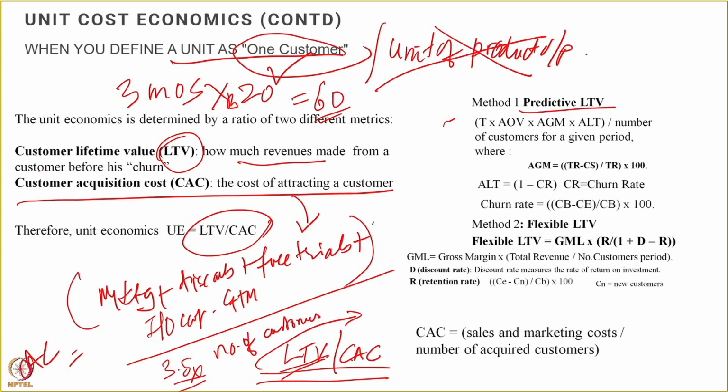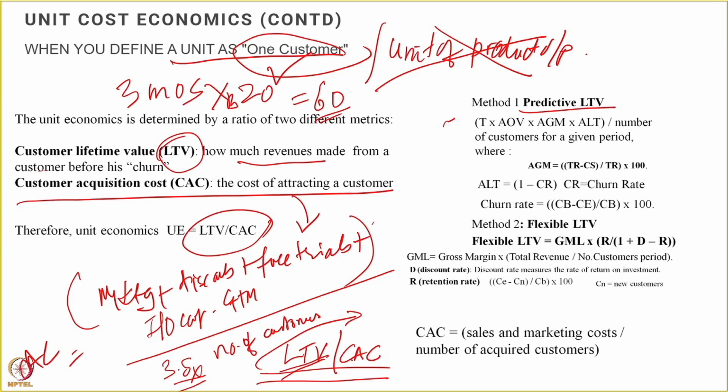There are ways in which you can forecast lifetime value. There are two ways, in fact. The first one is what is called predictive lifetime value. In many circumstances where you have a stable state business, where product market fit has happened, you have very good onboarding of customers and a good clip at which they come.